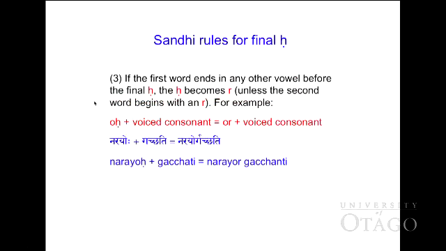Third one, if the first word ends in any other vowel before the final ḥ, the ḥ becomes r unless the second word begins with an r. For example, oḥ plus voiced consonant changes oḥ to or. Example, Nārāyaṇoḥ plus gacchati will be Nārāyaṇor gacchati.